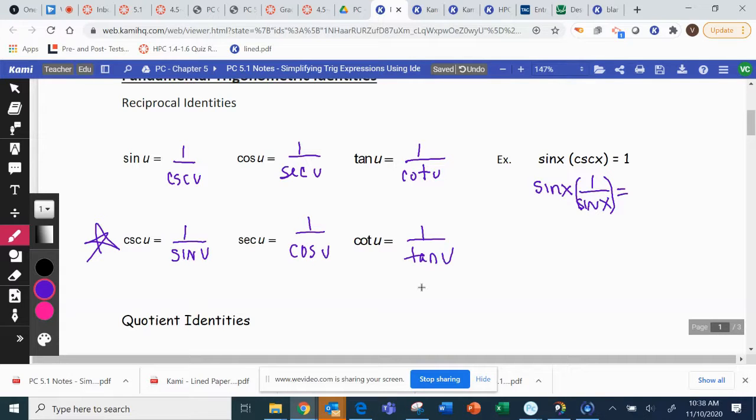And then I'm going to use my rules that I already know about multiplying fractions straight across. That gives me sine x over sine x. And then I'm going to use rules that I already know. If I'm multiplying and then dividing the exact same number, what do I get? 1. And you can see that it does equal 1.